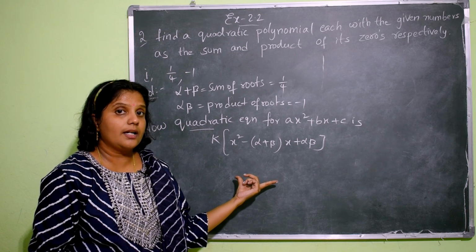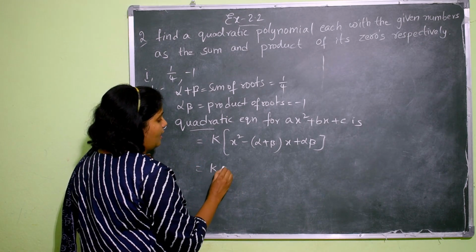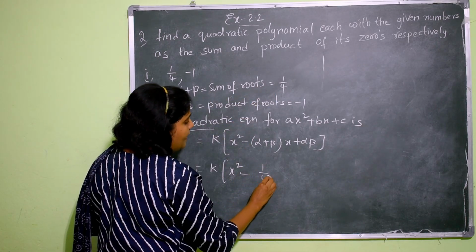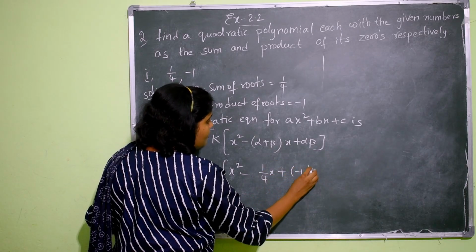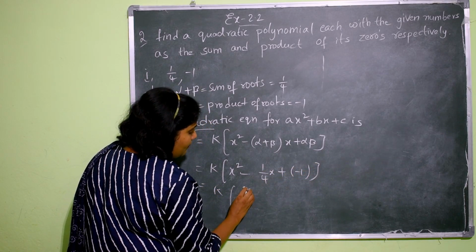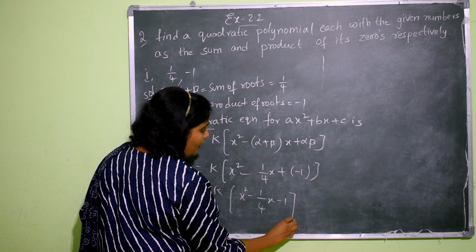This is the general form of the quadratic equation. Alpha plus beta value here is 1 by 4, and alpha beta is minus 1. So k into x square minus 1 by 4 into x plus minus 1.